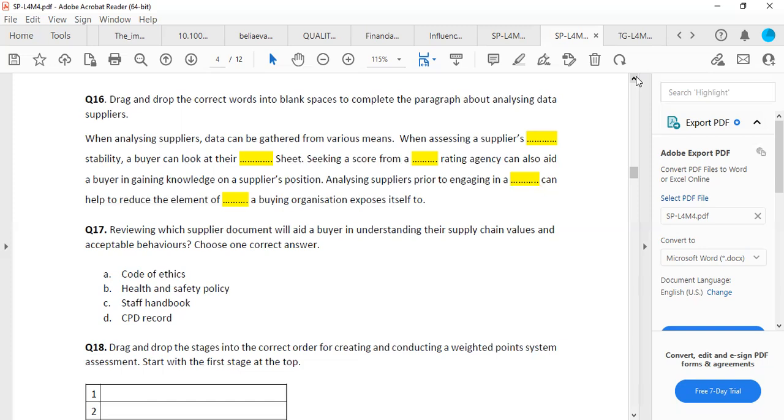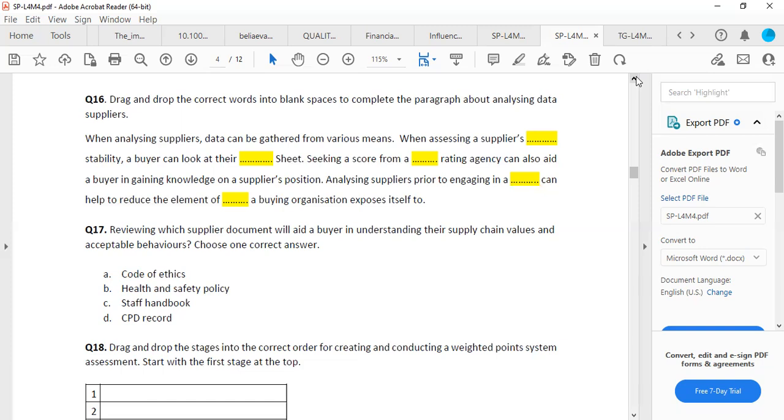When assessing a supplier's what stability are they talking about? Financial stability, correct? A buyer can look at their what? Balance sheet. Okay, seeking a score from a dash rating agency. Credit rating agency.